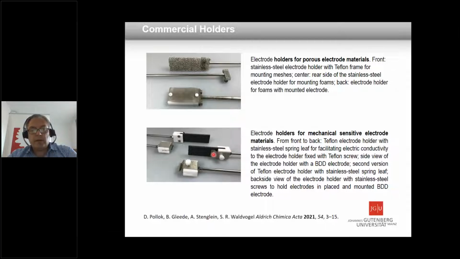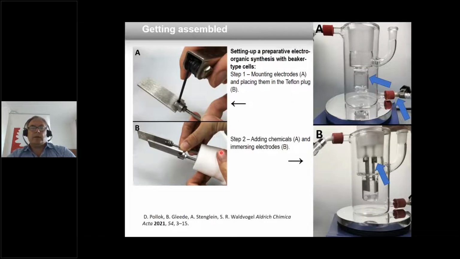And this does not harm your electrode. Therefore, this keeps it intact. The important thing is that you have to mount them, and if you mount them, the coplanar arrangement is often very important. If you don't have too much supporting electrolyte, then by the Kohlrausch equation, the arrangement is very important so that you have a homogeneous field.